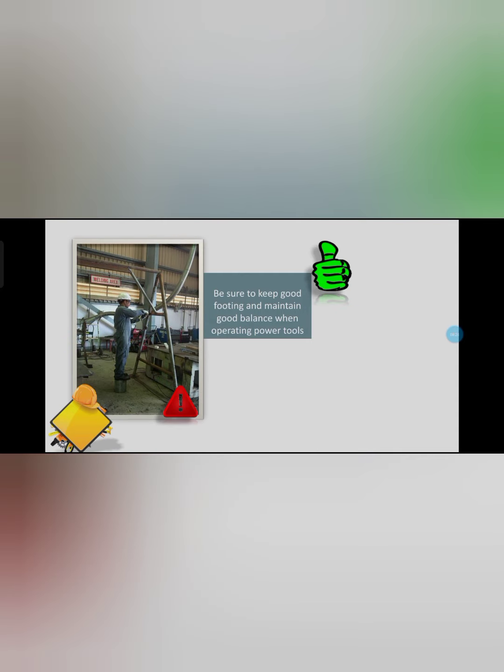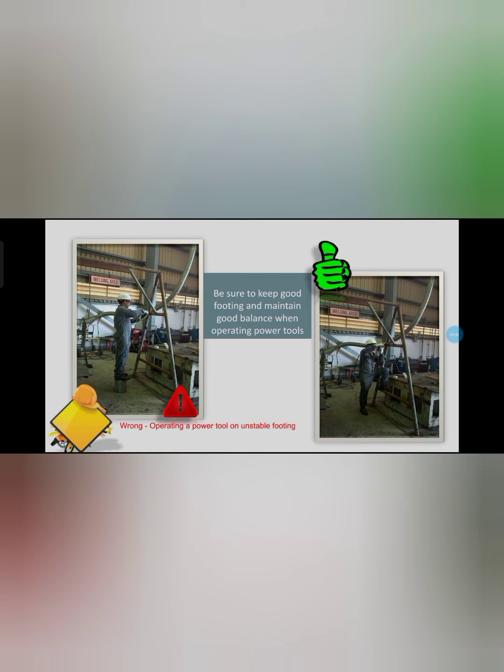Okay, so dapat, pag umawa kayo ng power tools, huwag kayong pumatong sa isang object na there's a tendency na mahulog kayo. Okay, operating a power tool on unstable footing. So, wag nyo gawin yan. So, ano bang dapat gawin? Of course, right, maintain good balance when using power tools.